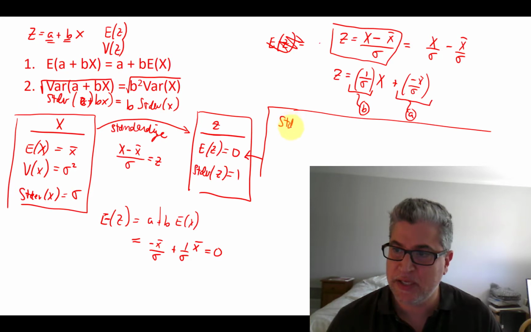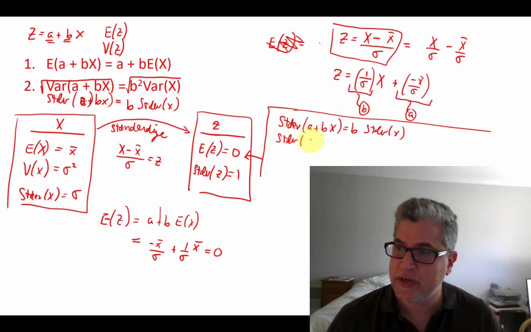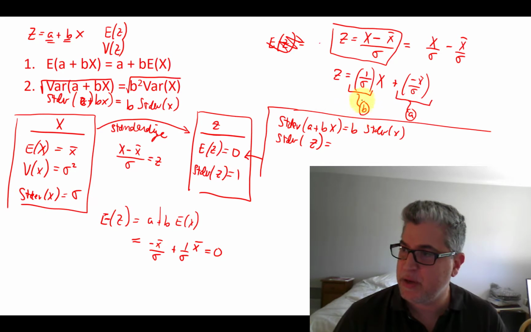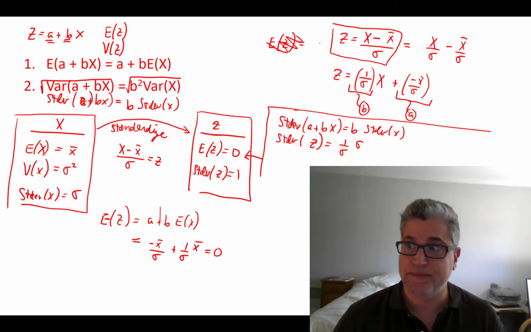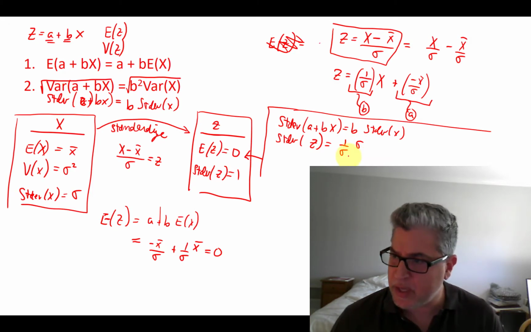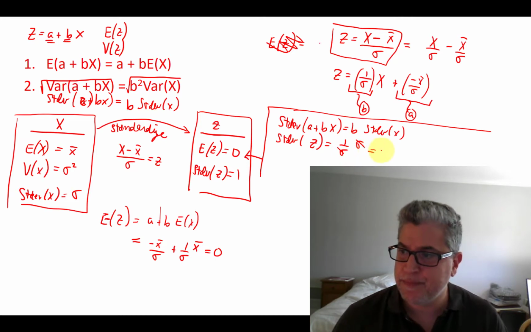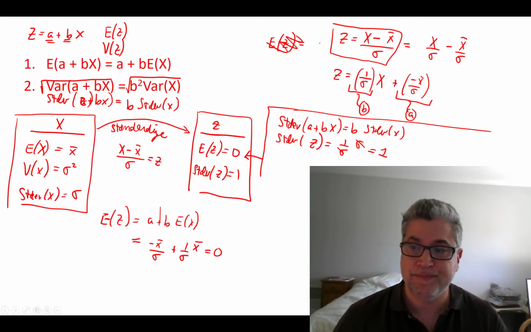So st dev of a plus bx is equal to b st dev x. Standard deviation of z is equal to, all right, what is b here? b was 1 over sigma, and the standard deviation of x was sigma. Okay, so sigma over sigma, that's 1, which was the second thing that we wanted to prove.